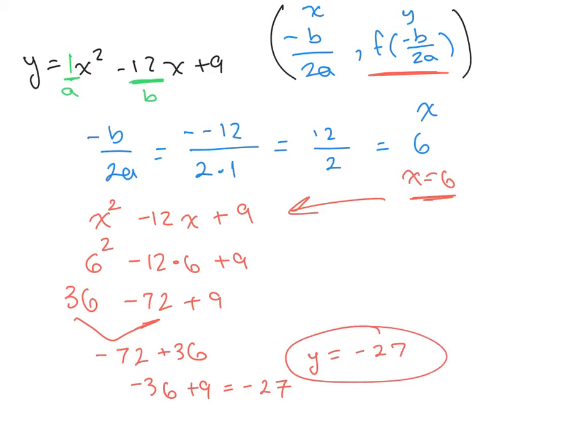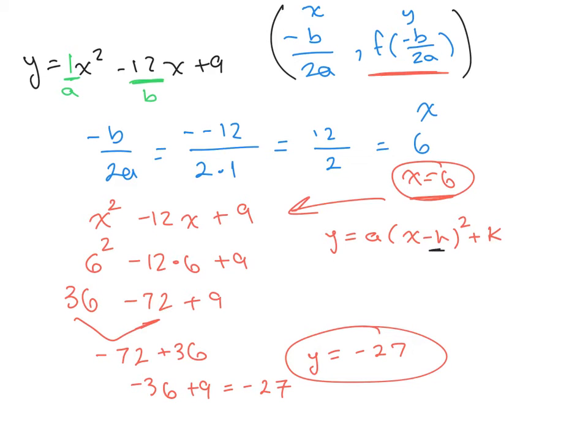So we have to use those two pieces of information. Now vertex form of a parabola looks like this: y equals a times the quantity x minus h squared plus k.